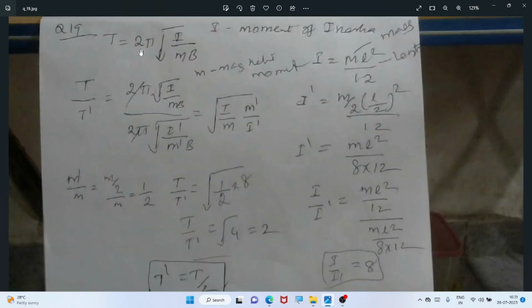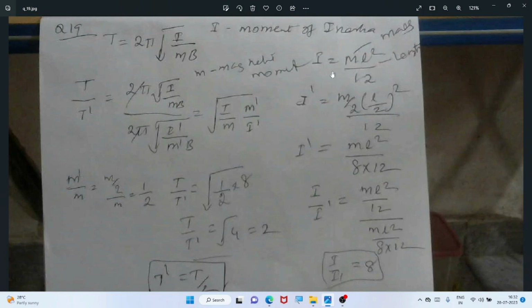This is the period of oscillation, 2 pi times the square root of the moment of inertia divided by the magnetic moment. Now the moment of inertia, you can read this from the book, is mL squared by 12, where m is the mass and L is the length.